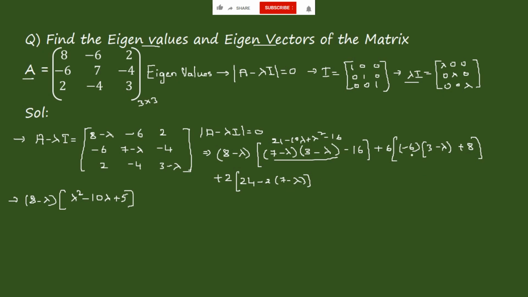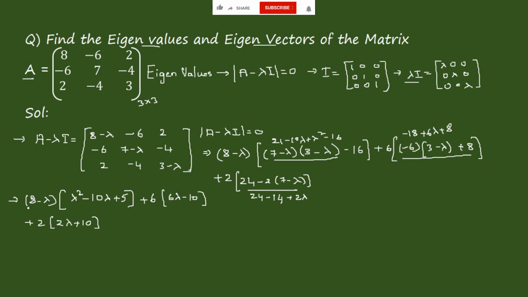Again subtracting these values here, it becomes minus 18 plus 6 lambda plus 8, so it becomes plus 6 into (6 lambda minus 10). Substituting these values here, it is 24 minus 14 plus 2 lambda, so it becomes plus 2 into (2 lambda plus 10).